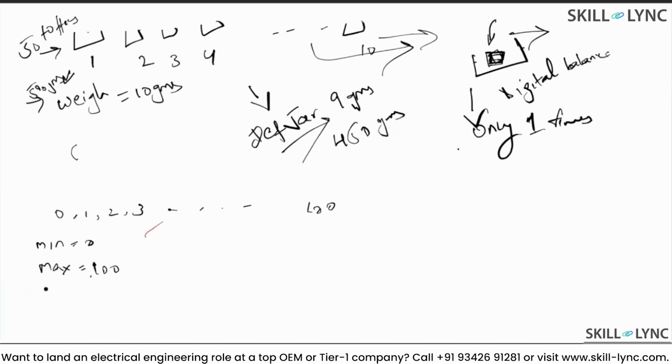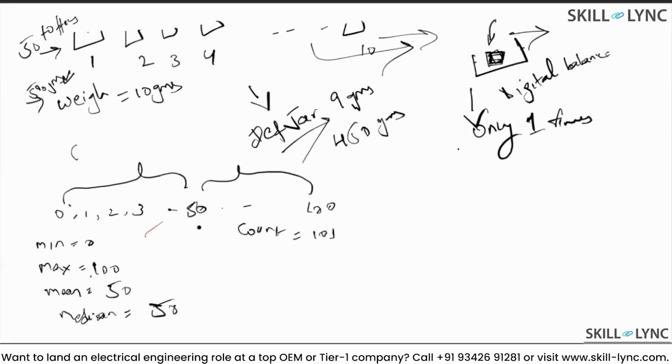And then you know what the mean is here. Mean is 50. What is the median here? Median is also 50. You can calculate it later on if you want. And what is the count? 101. So what is a median? Median is the middlemost number which divides the data set into 2. So 50 would be somewhere here.